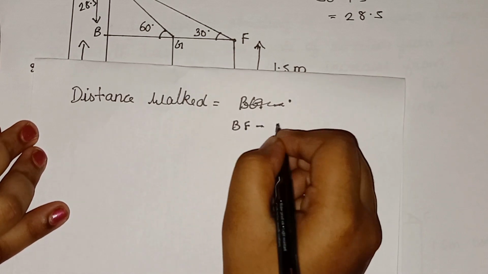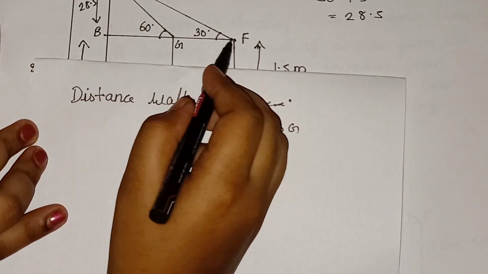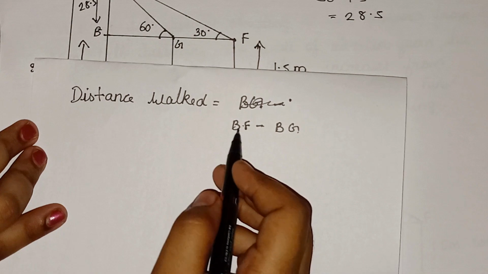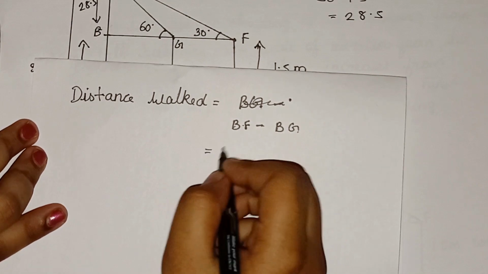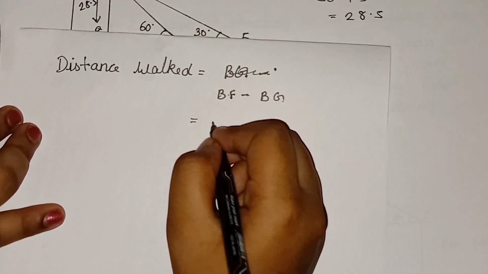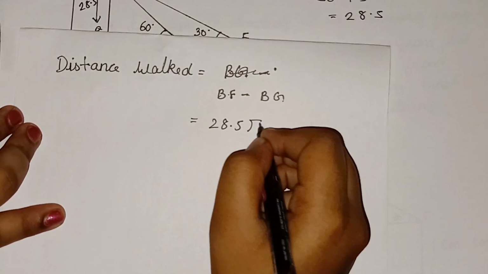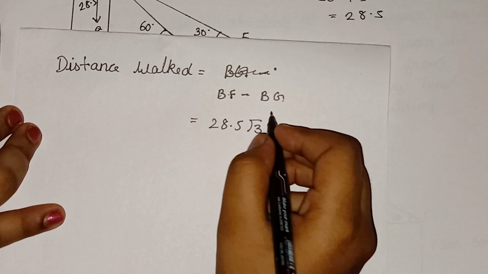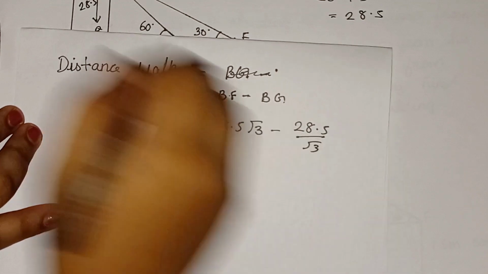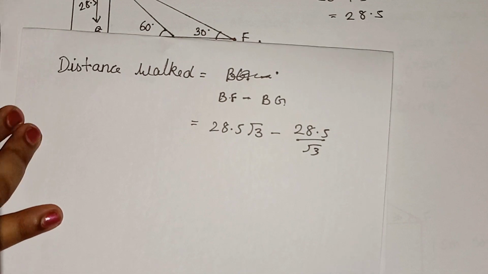BF minus BG, because BF is the complete length minus this particular length. BF is 28.5 root 3 minus BG, which we got as 28.5 divided by root 3.